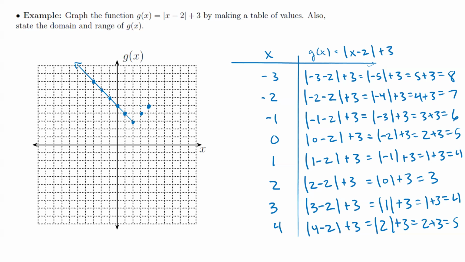Now, what's worth talking about here for a moment is how to make life a little bit easier on us, maybe not have to plot so many points. And that is understand that it's when whatever's inside of the absolute value is equal to 0 that you're going to be at the corner of your V. So what you could have done from the start is identified that x equals 2 is what makes the inside of the absolute value 0.